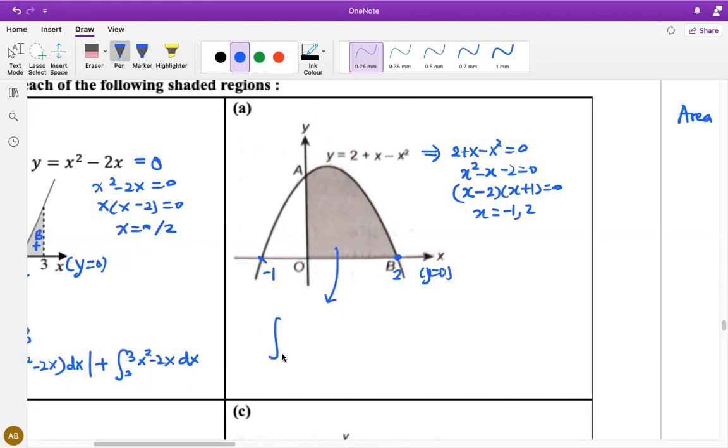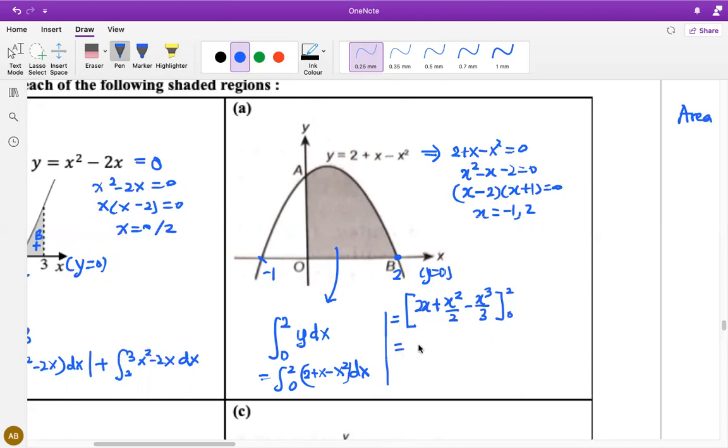So we integrate from 0 to 2, y dx, right? So it's actually 0 to 2, then 2 plus x minus x squared dx. Okay, all right, so we integrate. So you get 2x plus x squared over 2 minus x cubed over 3, from 0 to 2.